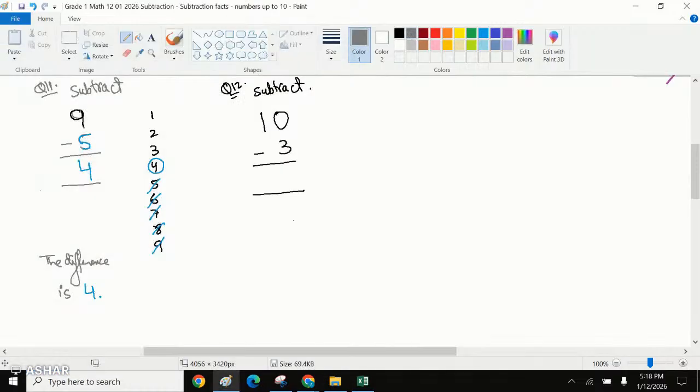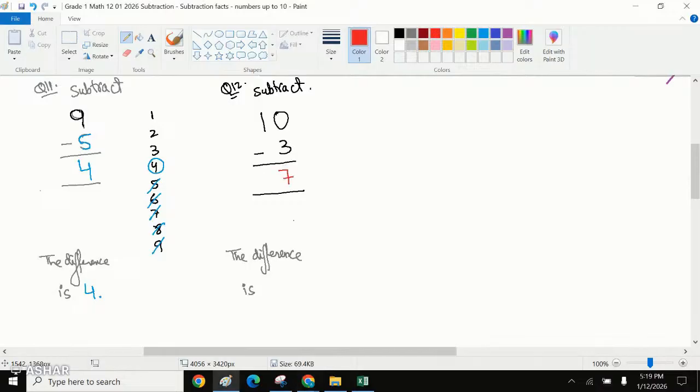The difference of these two numbers should be 10 minus 3 should be equal to, yes, thank you. It should be equal to 7.